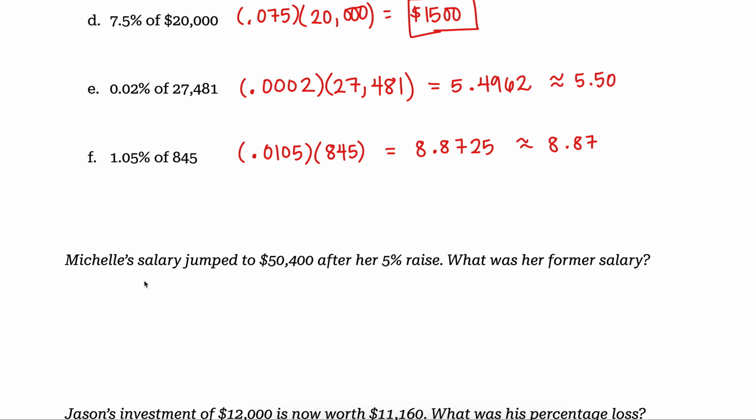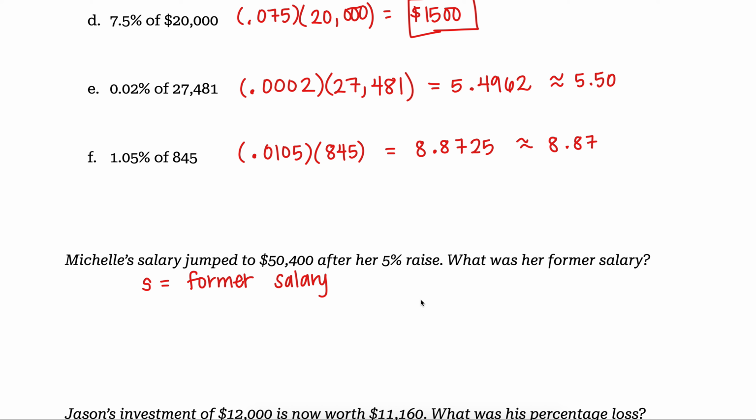I'm going to use the variable S to represent her former salary. So she got a 5% raise, so that's 5% of S. We've just done several problems on how to do this.